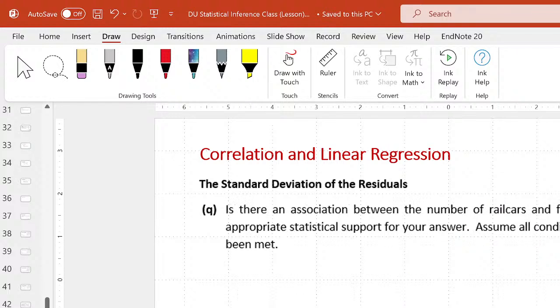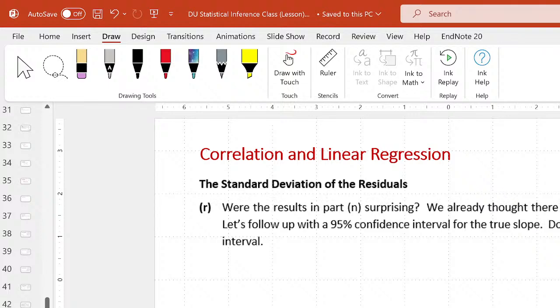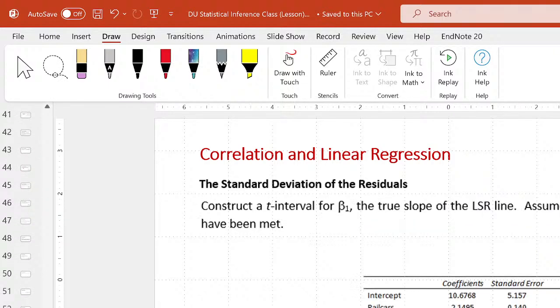Now, calculate and interpret a 95% confidence interval for the mean or average fuel consumption. This is the word that needs to be corrected: for all trains with 40 rail cars. All trains. I want you to think about this. You've got trains running back and forth.